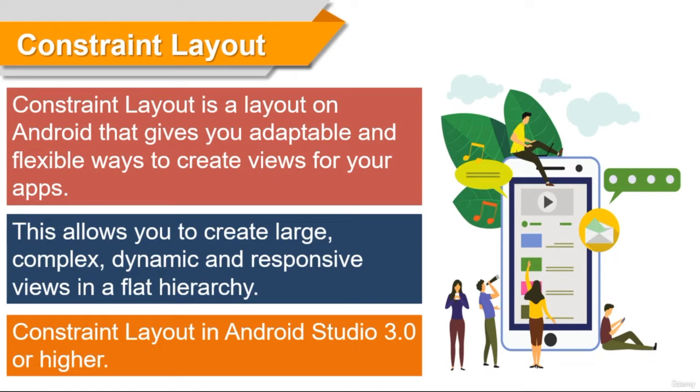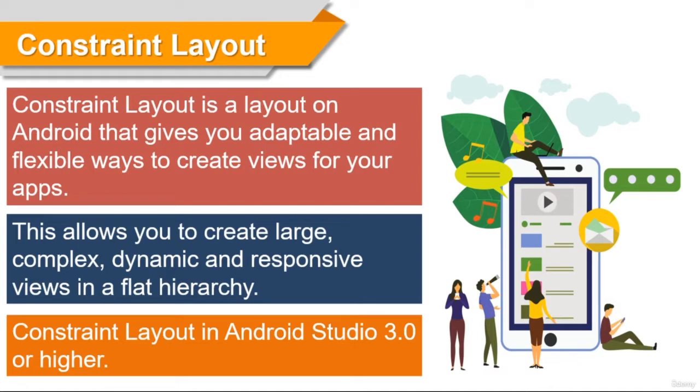In the constraint layout, components will take their place according to each other's positions and screen edges. So these features solve most of the problems and give a flexibility in ways that you could not imagine before in order to create views for your applications.